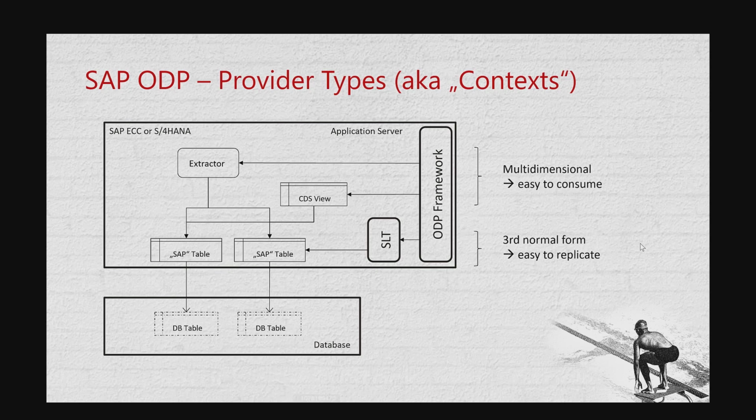So in this case, you basically need to understand the dependencies between the tables. You need to know foreign keys between them. You need to know which tables you need for a certain scenario, how they relate to each other. So you need a much better understanding of the application logic and the application design of SAP in this case.